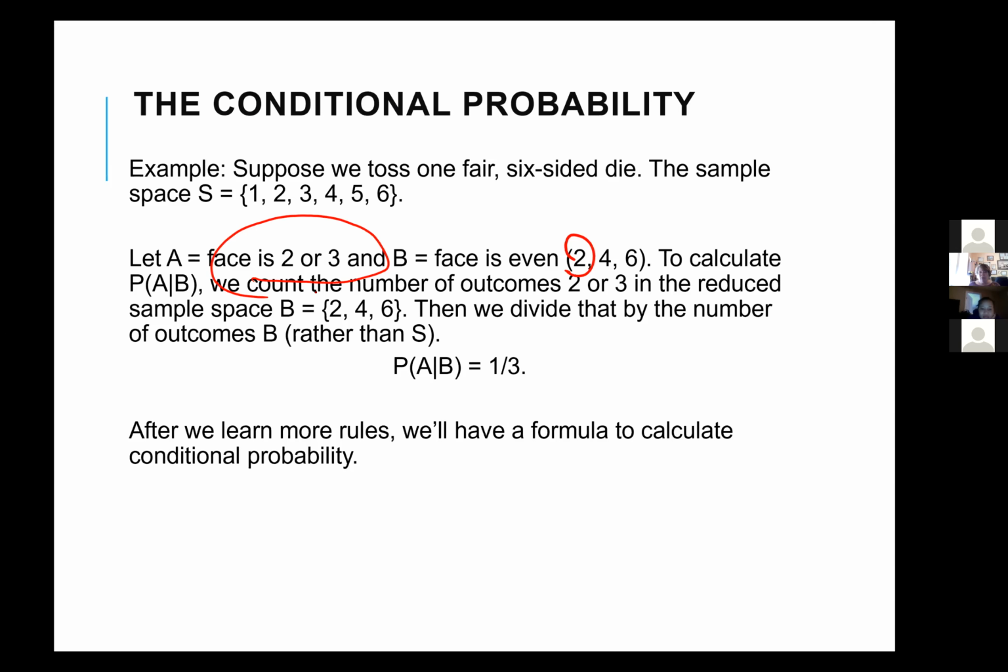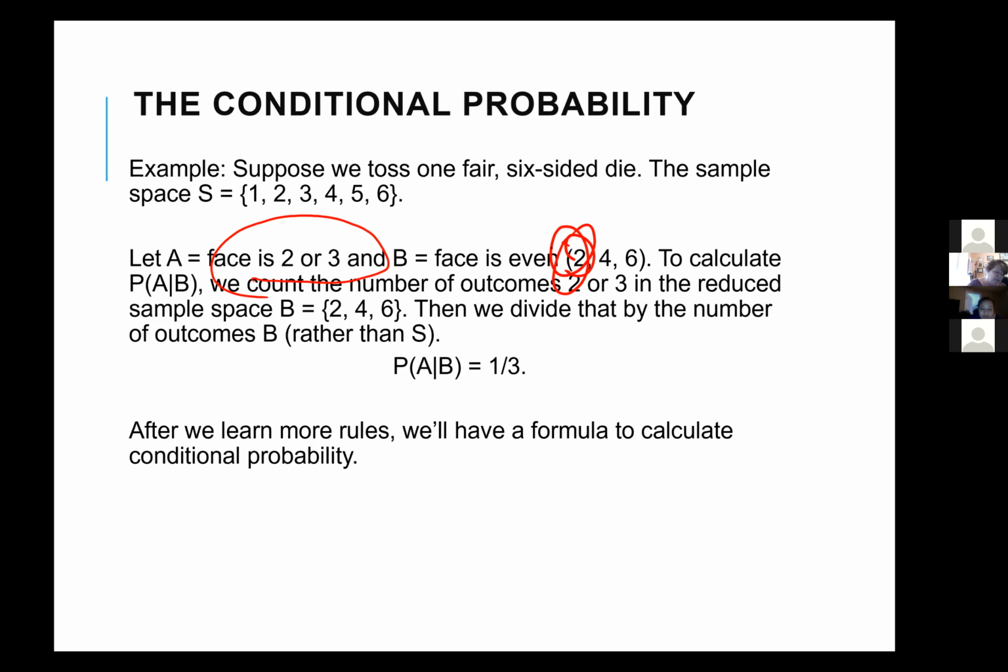Event B is that I roll an even number. Event A is that I get a 2 or a 3. So what's the probability of me getting a 2 or a 3 given I've rolled an even number? Well, there's only one outcome in my event B that's a 2 or a 3, and that's this 2 right here. So the probability is only 1 out of 3.